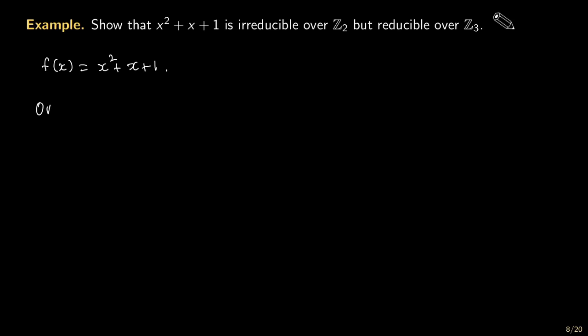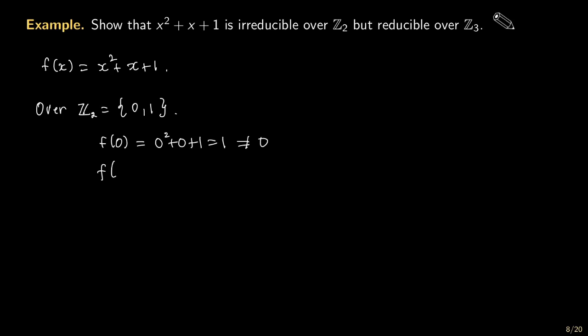So over Z sub 2, you see that there are only two elements in Z sub 2. So we only need to check if one of 0 or 1 is a root. If you evaluate f at 0, you see that this is 1 and not 0.